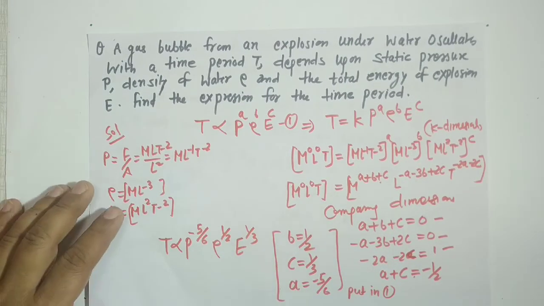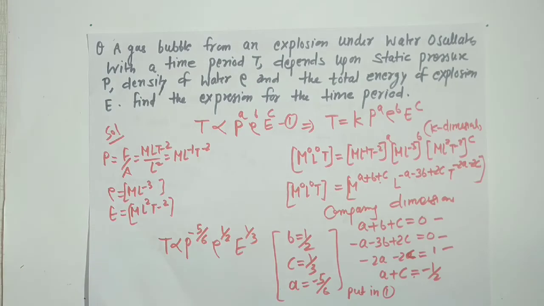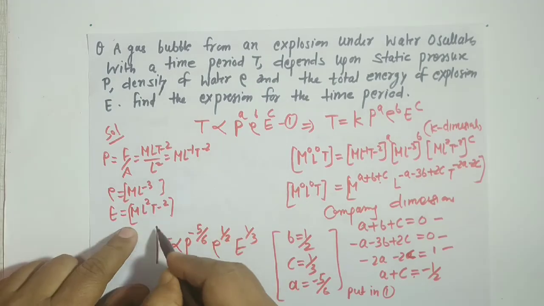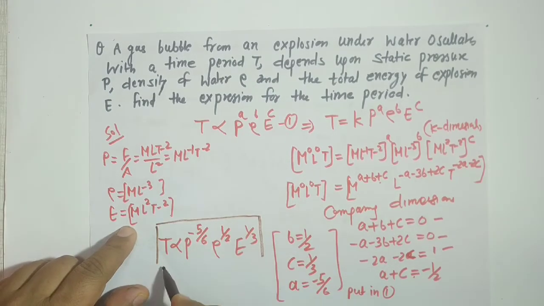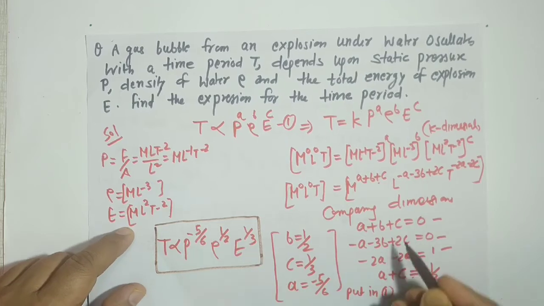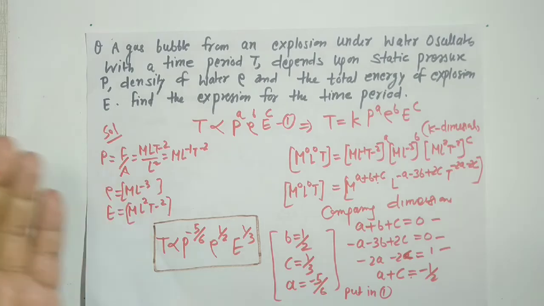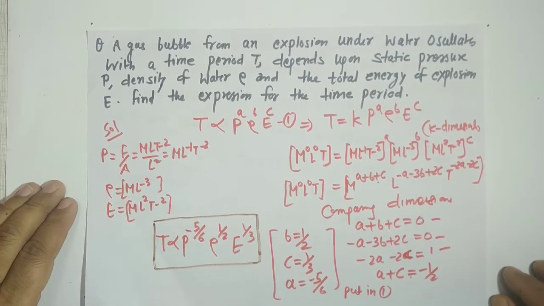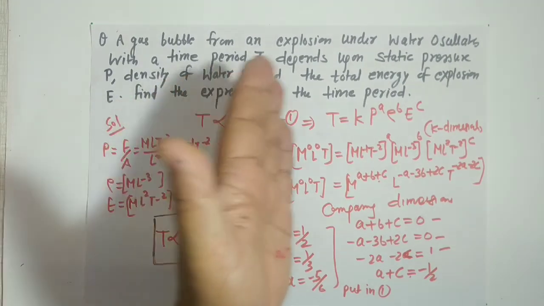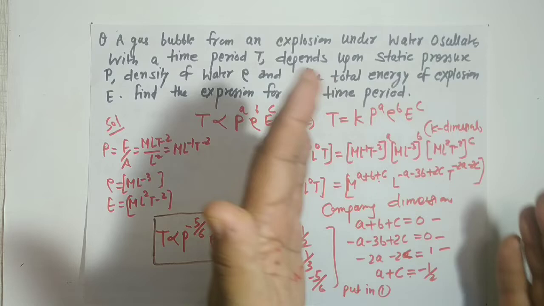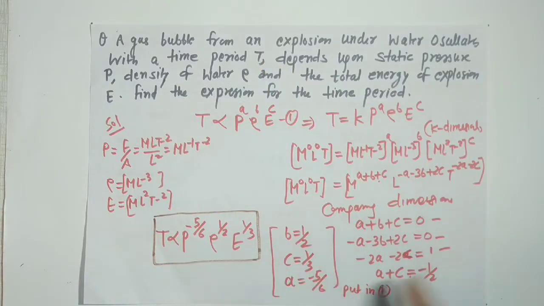So this is the answer which you are going to get. Please follow it and solve it out for a, b, c: b is half, c is 1 by 3, and a you will get as minus 5 by 6. This is how you solve the questions. Again repeating: you make it proportional to the quantities, you put their dimensions, you compare their powers, solve them out, and finally put them in the formula. This is how to derive the expression by dimensions.